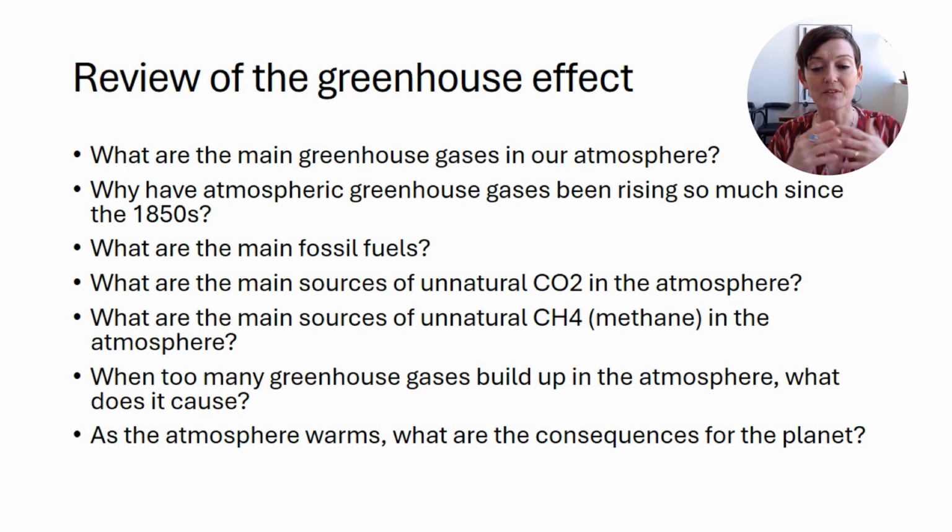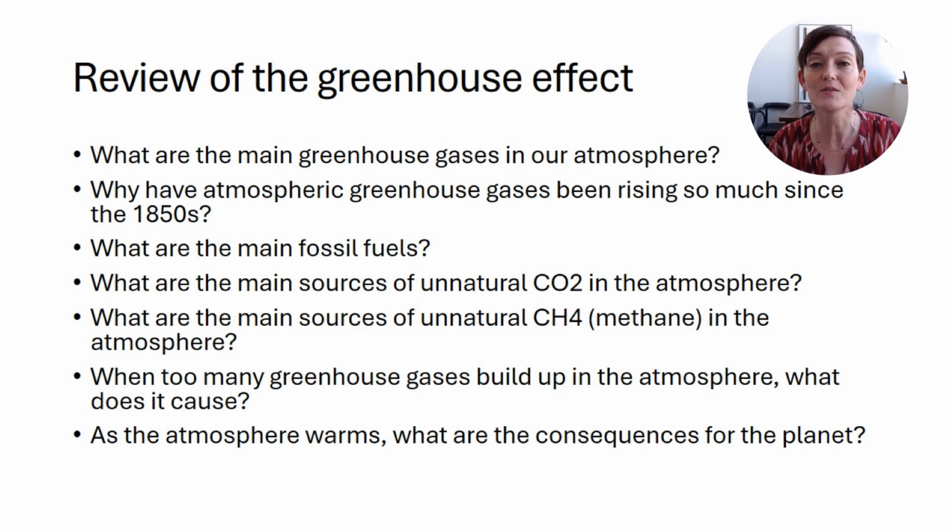So as the atmosphere warms, what are the consequences for the planet? The consequences are climate change, which includes things like increased hurricanes and worse hurricanes, increased droughts, increased forest fires, increased heat waves, sea level rise, and all of the concomitant problems.